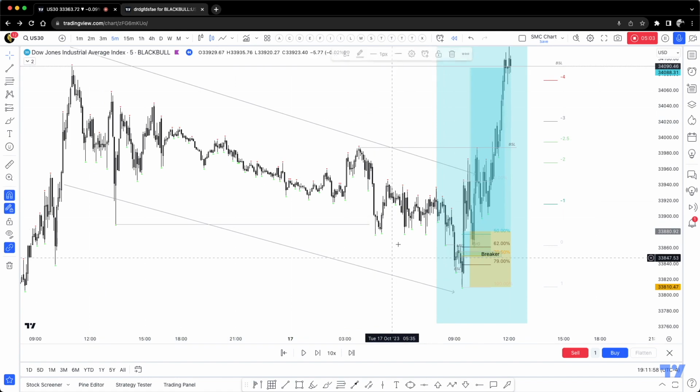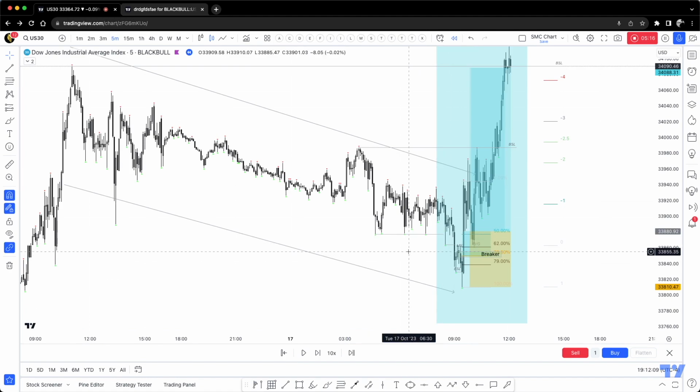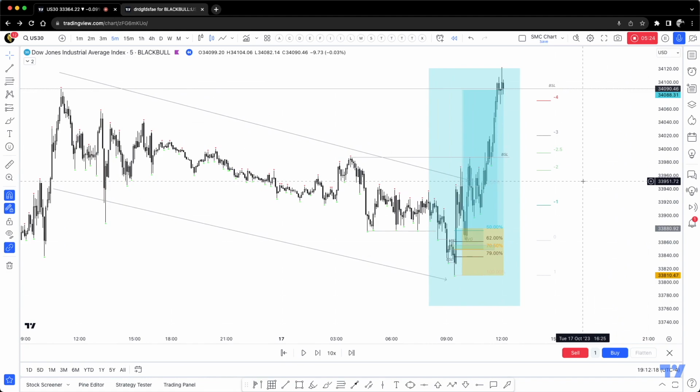Those lows were swept with London session. I don't trade London session, unfortunately. So this right here, New York session, was the one sweeping these London lows before actually distributing to the upside. So I hope it makes sense, guys.